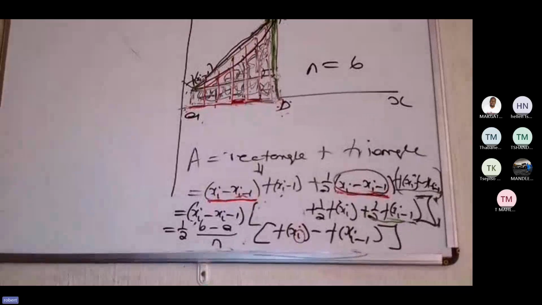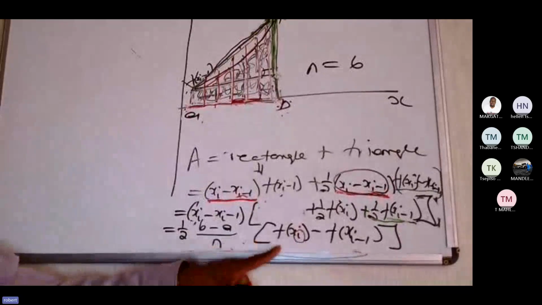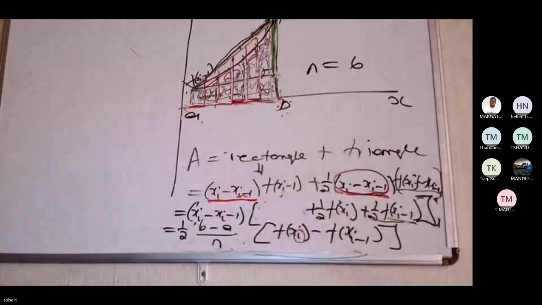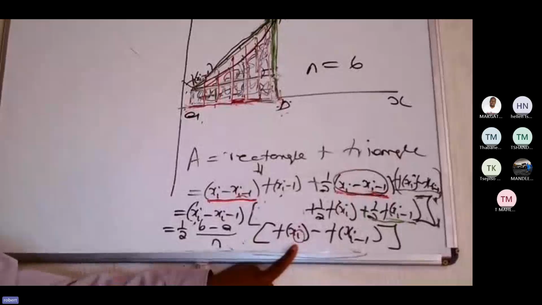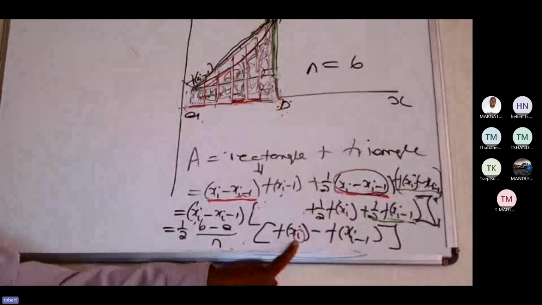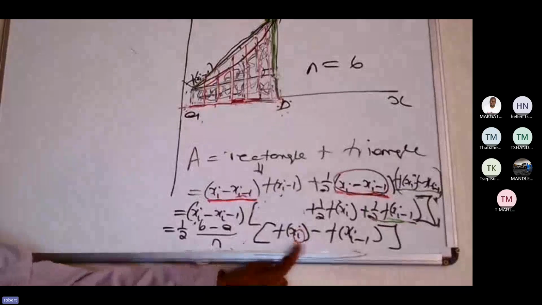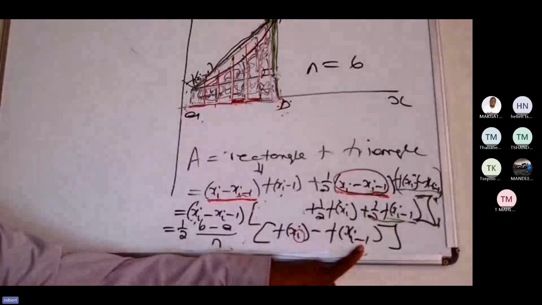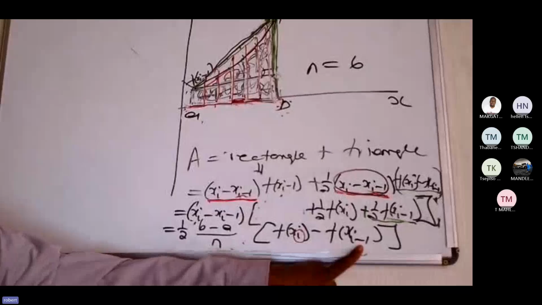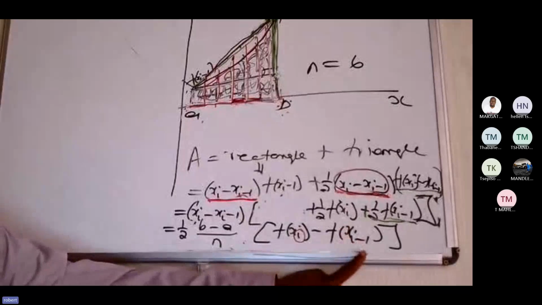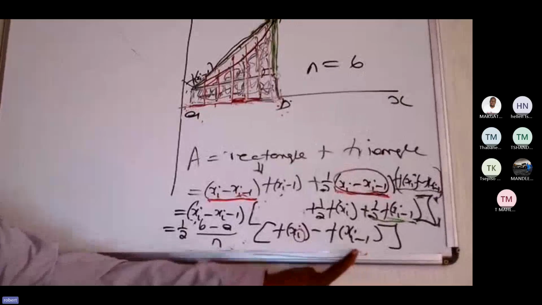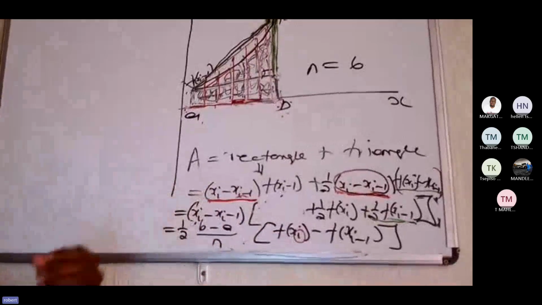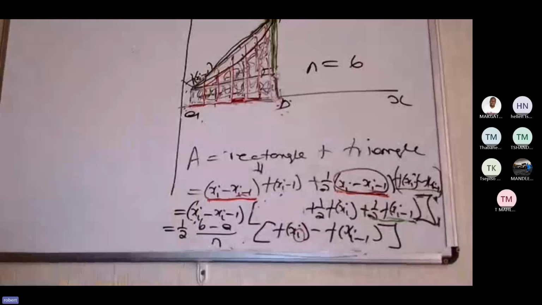So what next? If you expand this, you cannot replace i by 0. No. Because if you replace i by 0, yes, this is going to be x_0. But what about this one? Because i is 0, it's going to be x minus 1. Does it make sense? It doesn't make sense because the subscripts must be counting numbers.